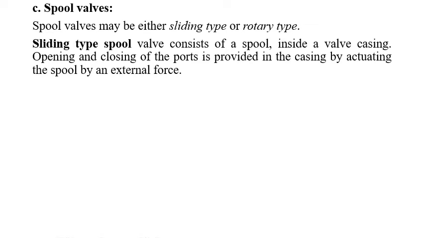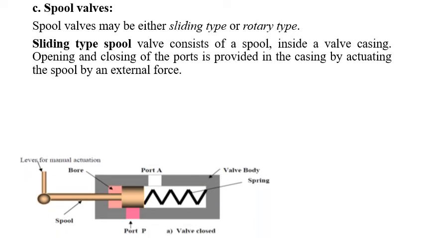Opening and closing of the ports or flow paths is provided in the casing by actuating the spool by external forces, whether mechanically operated, manually operated, or solenoid operated, or any combination of electrical and hydraulic or electrical and pneumatic operated forces.